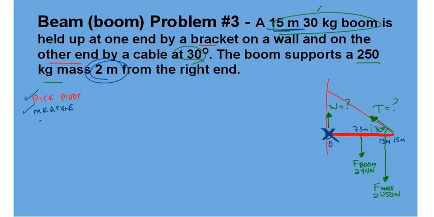Next up, we build the equation. Sum of the torque equals 0, and to do that, we need to look at our picture, and we see that I've got W, which is acting at 0. I've got the boom, which acts at 7.5. I should have put the number in there, shouldn't I?